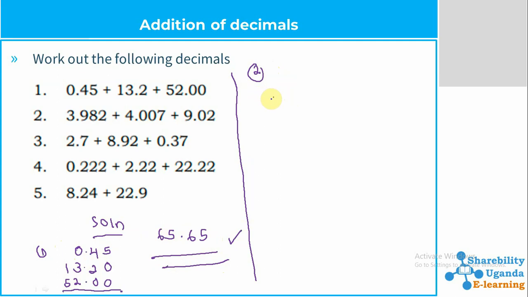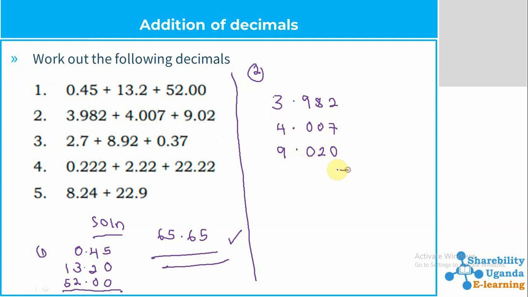Now when we come to number 2, they have given us 3.982, then we have 4.007, then also we have 9.02.